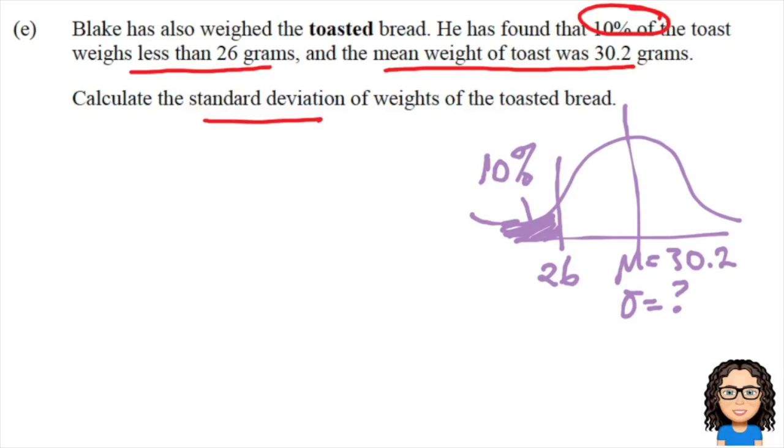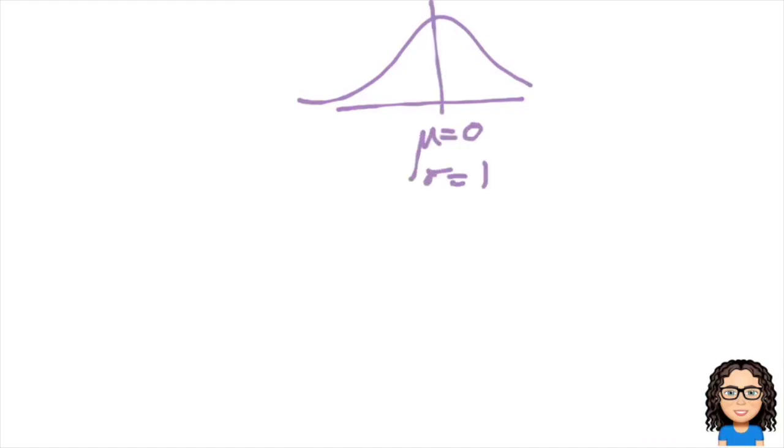So there's two ways we can do this. We can do some of the working using the graphics calculator or some of the working using the table, but we are going to need to do some calculations to finish it up once we've used those tools. So let's start by having a look at the graphics calculator. In order to use the graphics calculator, we need to talk about our Z distribution, which has a mean of 0 and a standard deviation of 1.